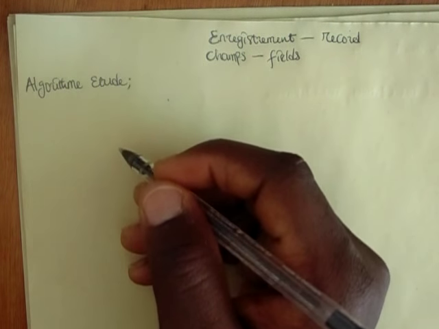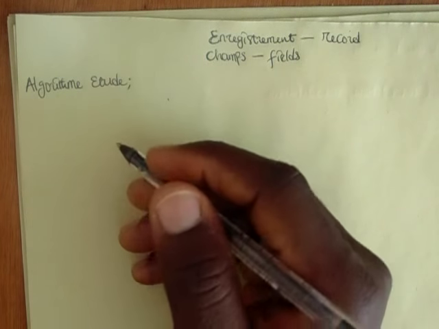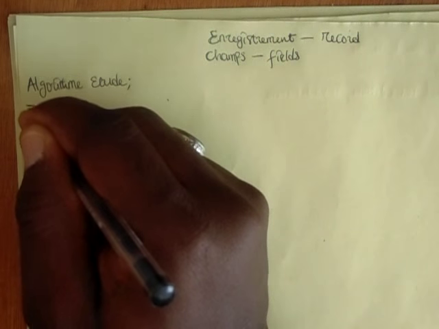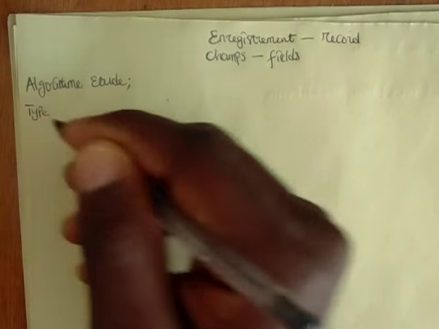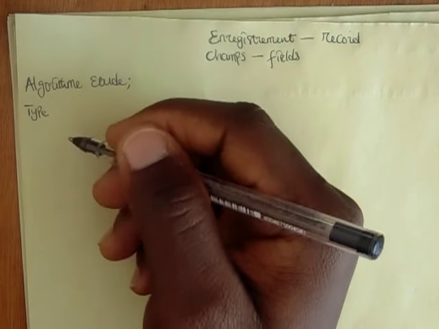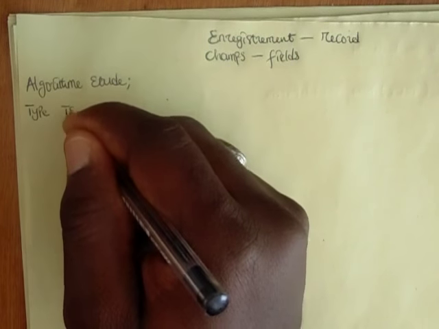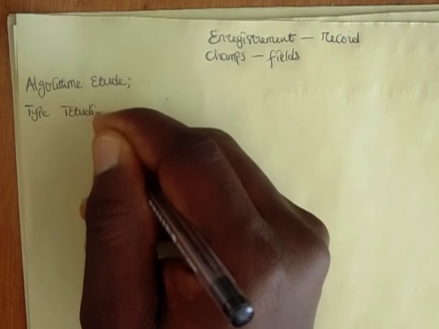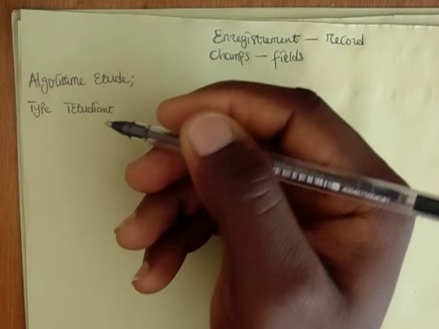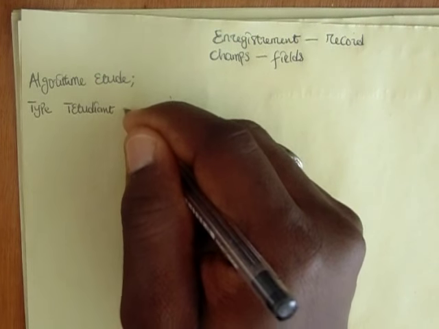Then we'll put a type. A type defines basically what kind of algorithm we are working on. So we call this any name. I'll call this T étudiant. You can call it étudiant, you can call it student or whatever.